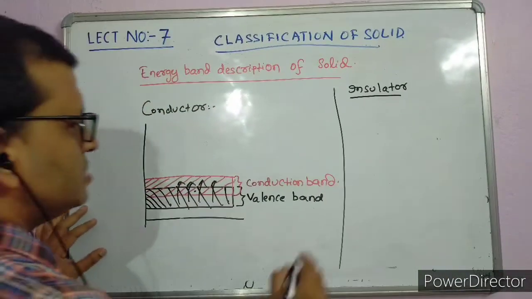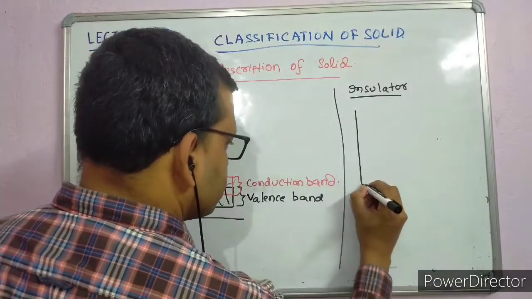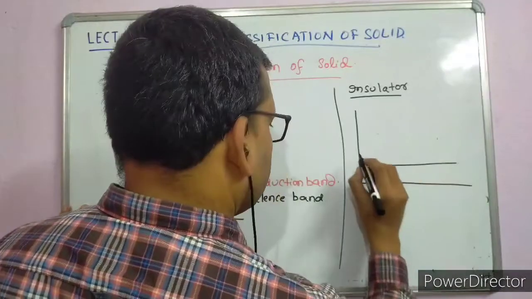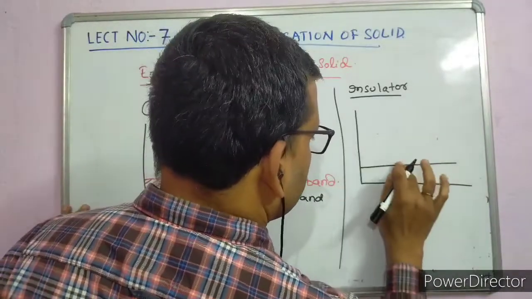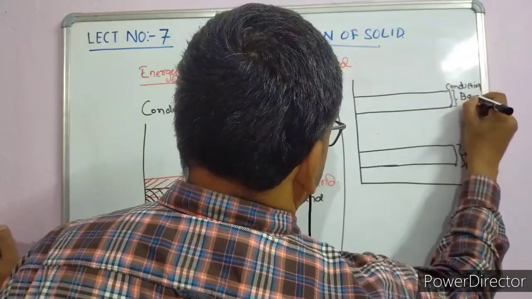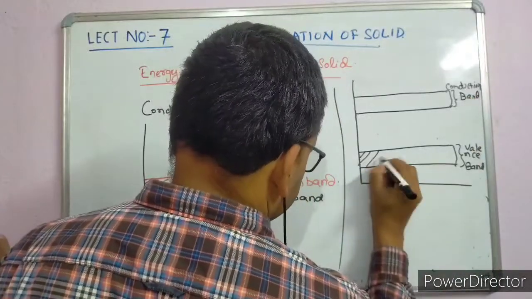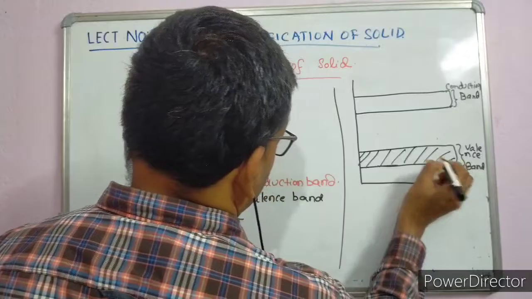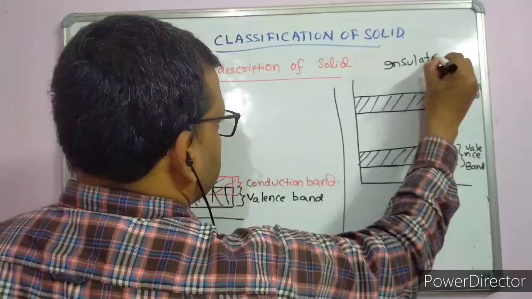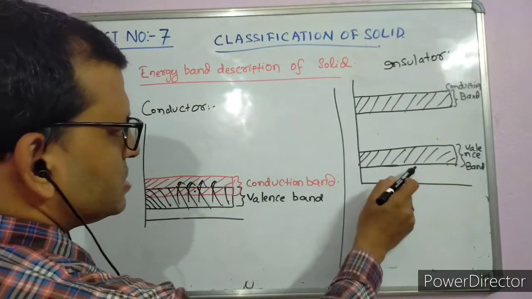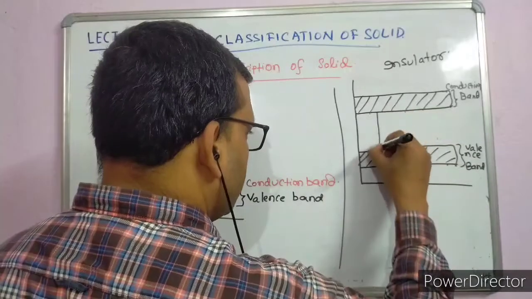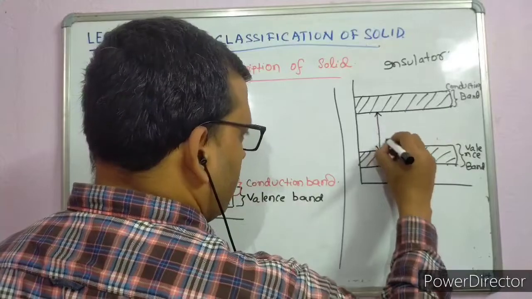In an insulator, what happens? So this is the insulator. Here is our valence band, this is our conduction band, and this is our forbidden energy gap.